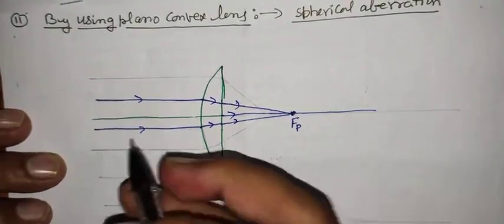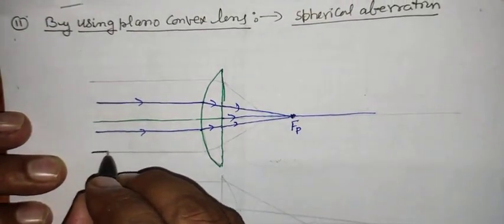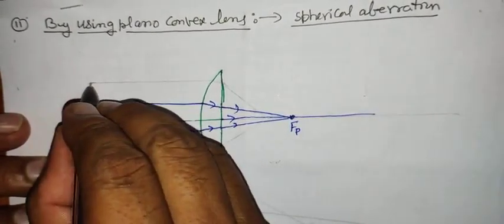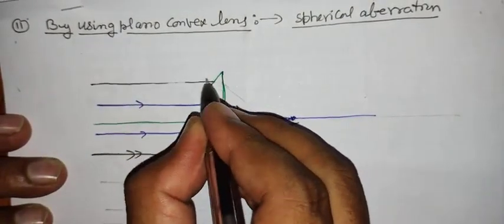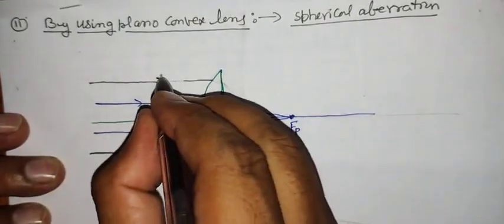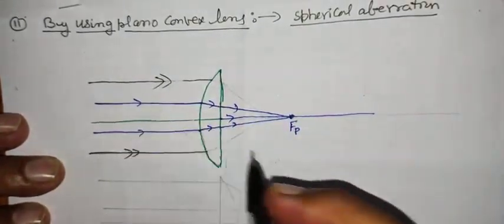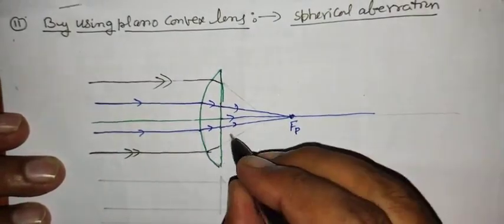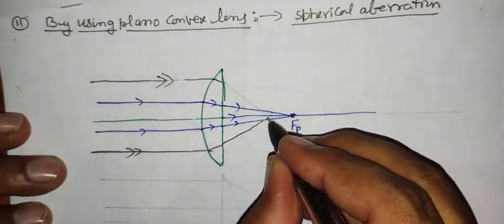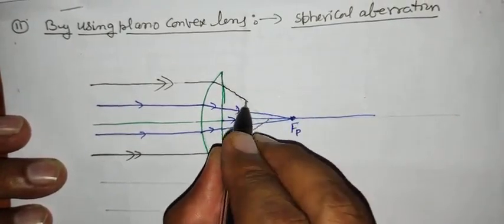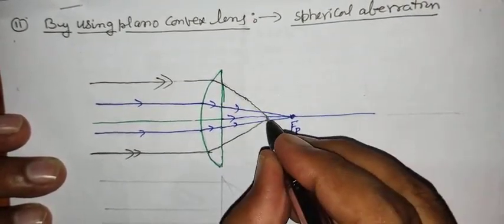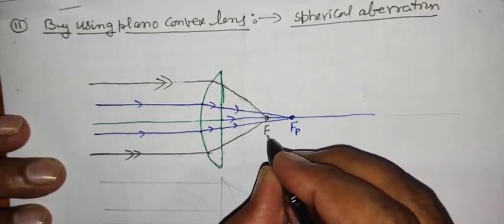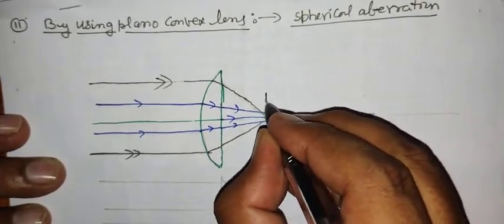Second, rays away from the principal axis are called marginal rays. This marginal ray is represented by a double arrow, refracts, and meets at a focal point here. This is known as the focal point for marginal rays.